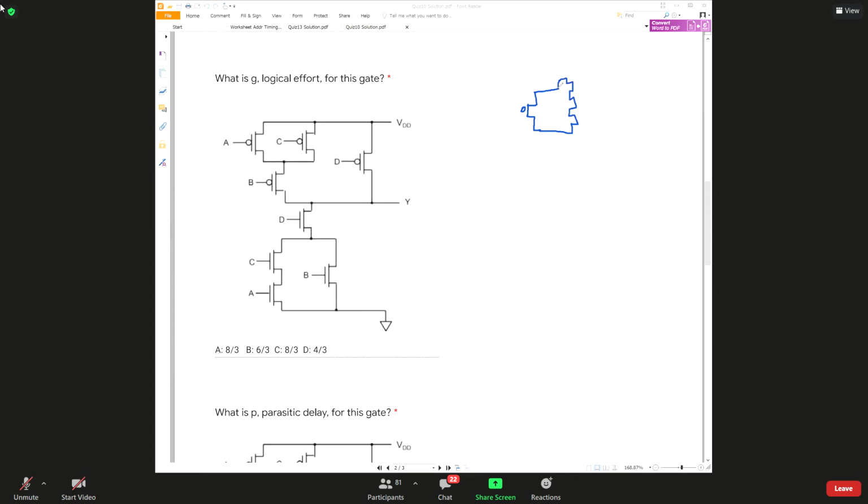What if you're given something that looks like this? There you go. And you guys know how to do the NMOS for this circuit? That's how you do it.